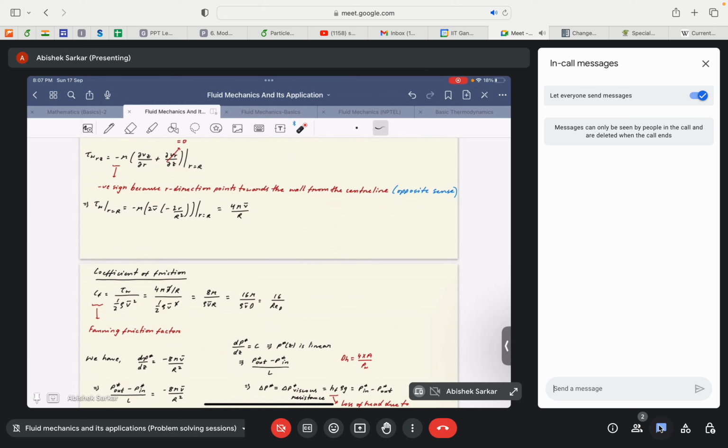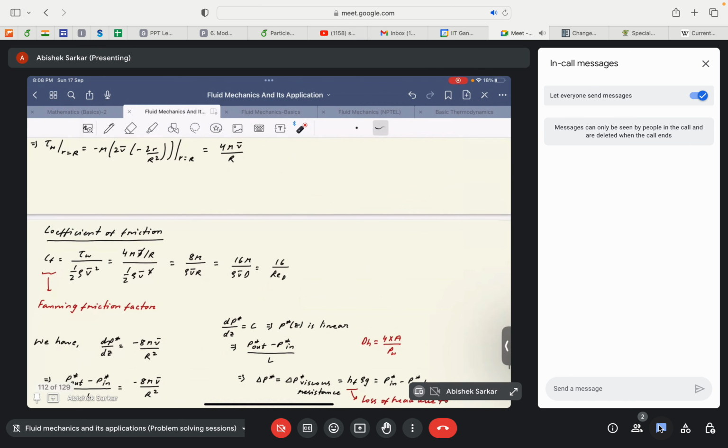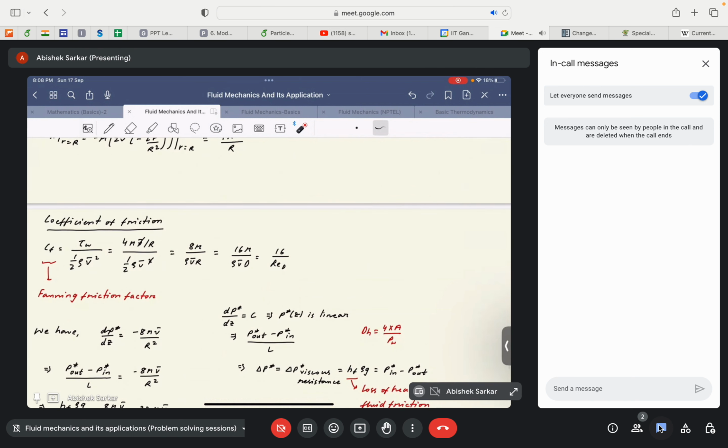Okay, so here again, if we take the value of the wall shear stress, tau wall, then we can see that the coefficient of friction Cf is equal to 16 by RAD. Okay, so here the coefficient of friction is described in terms of the wall shear stress. This is also known as the fanning friction factor.